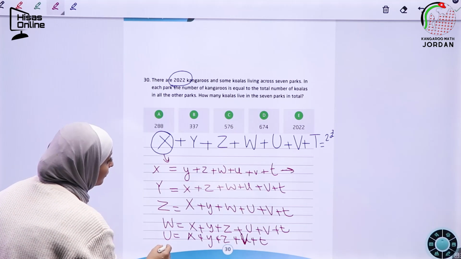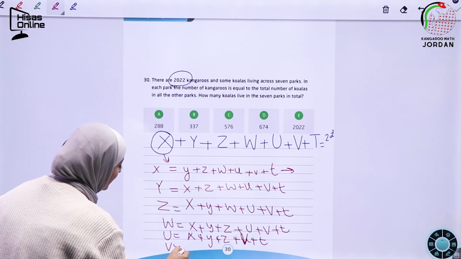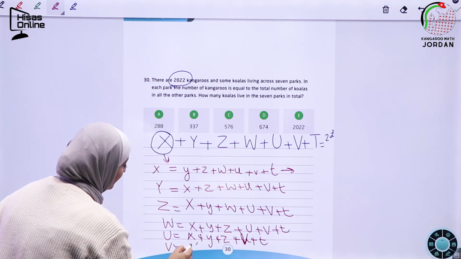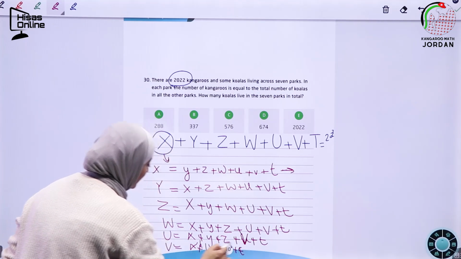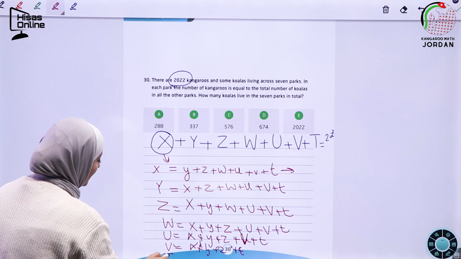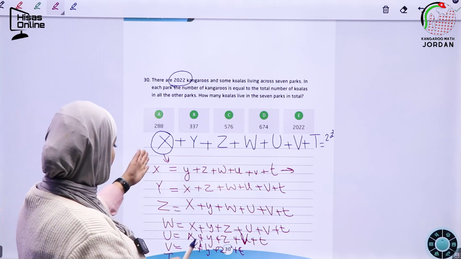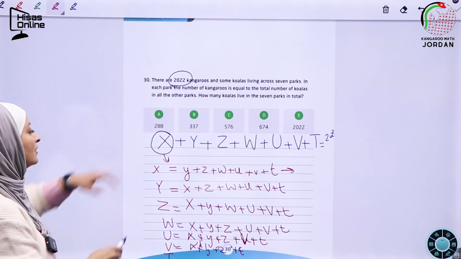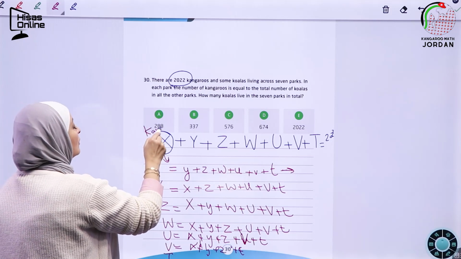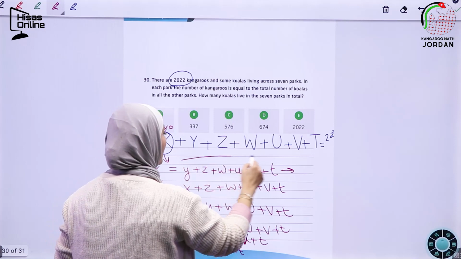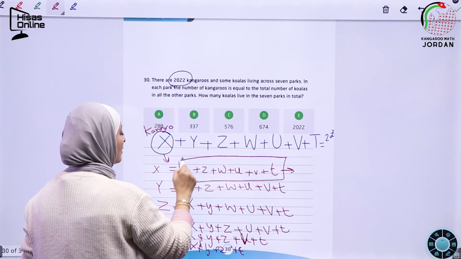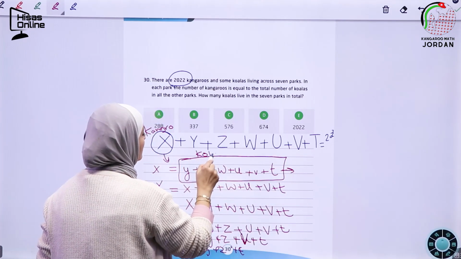Okay, W, U, V. If I do the same thing for V, I will cross out the V, so it's X plus Y plus Z plus T. Same thing for T. Okay, I won't continue, guys. This is the idea. So each one of the kangaroo numbers in a park is equal to every other park's koalas.